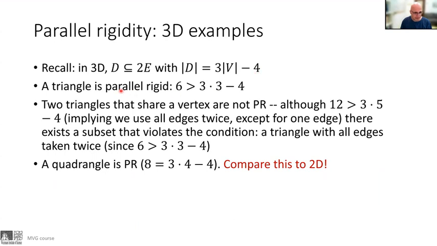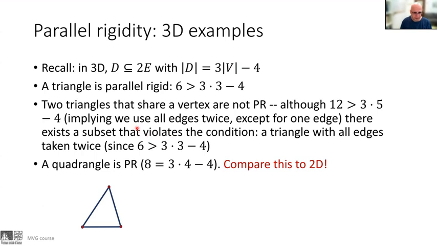So 3 times 3 minus 4 is 9 minus 4, that's 5. Sorry, 6 is more than 5, right? So I can use 2 edges for every edge here, except for 1. 2 here, and 1 here, and I get a subset that satisfies this equation.